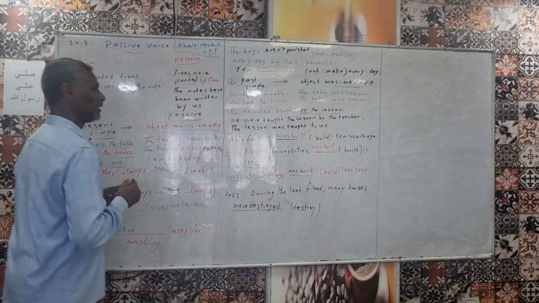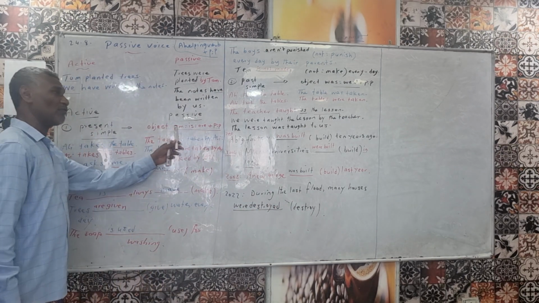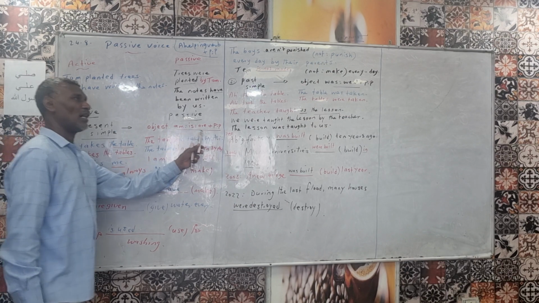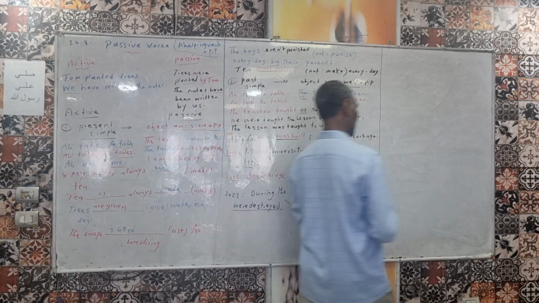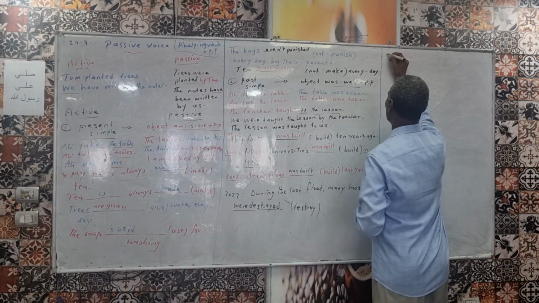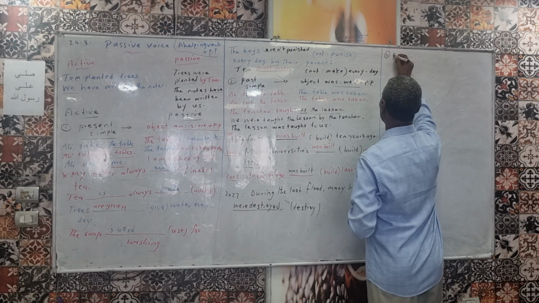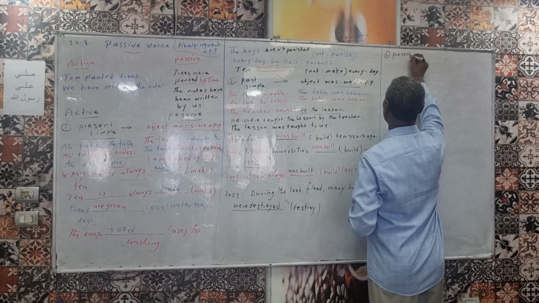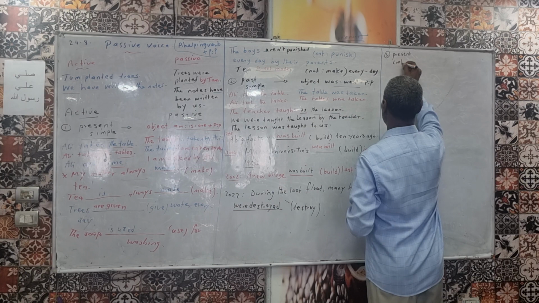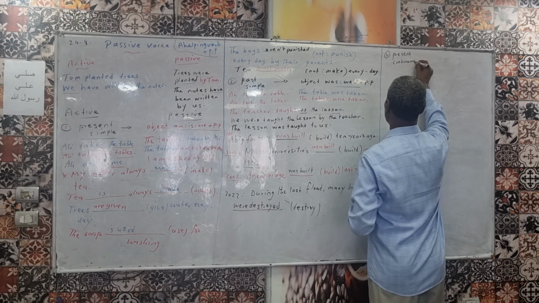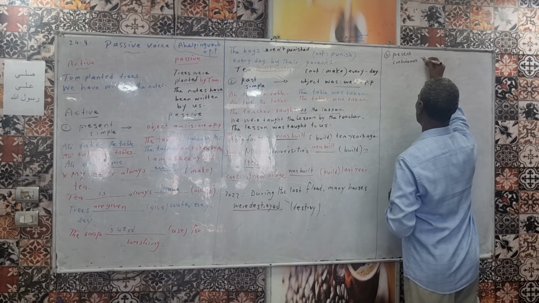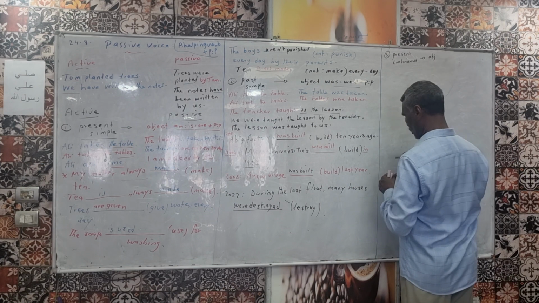We are still on the verb to be: am, is, are, was, were. If we have the present continuous tense, we begin with the object.